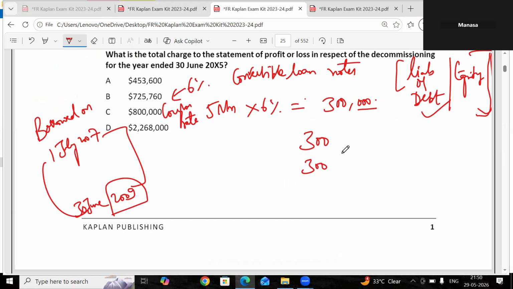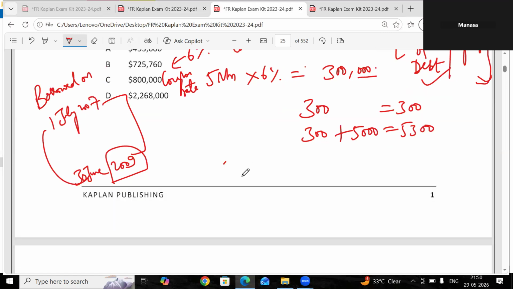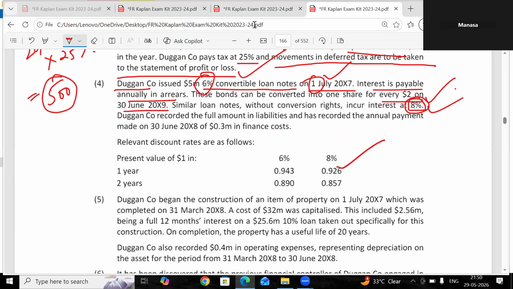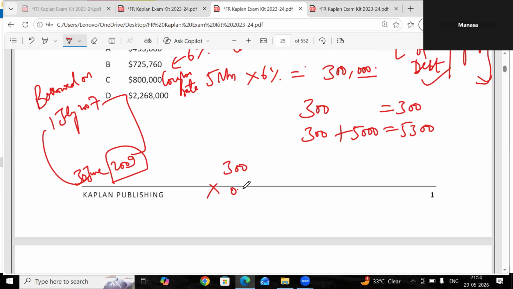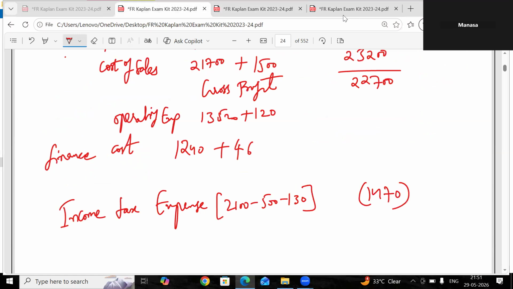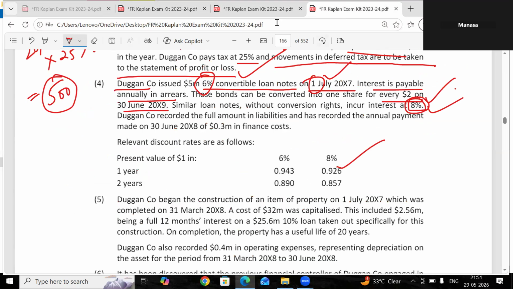So I will write the principal repayment of 5,000 also. So this 300 and this 5,300. So we will discount it. 300 for 1 year, 0.926, and 5,300 for the second year, 0.850.